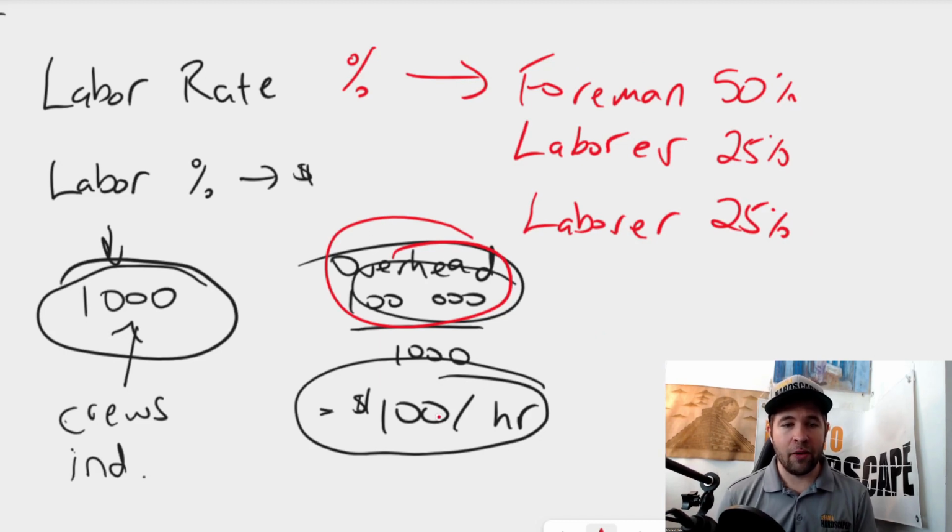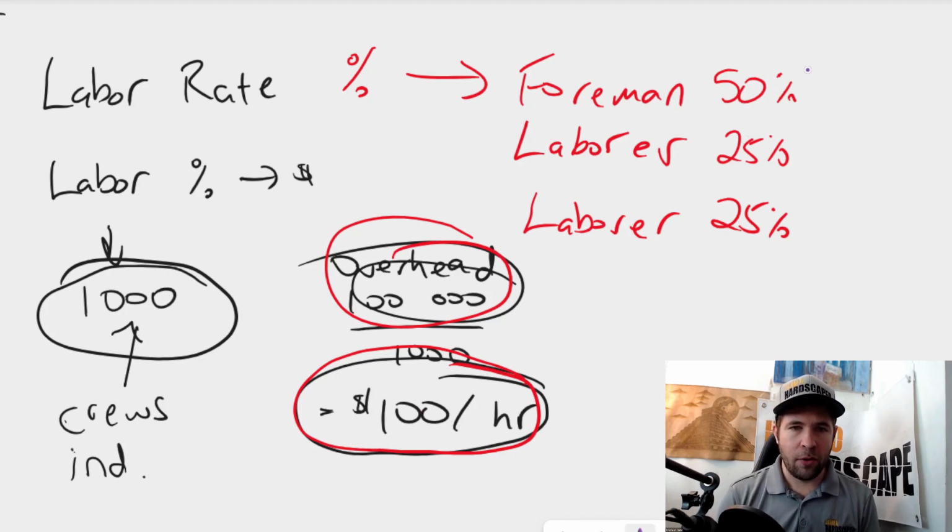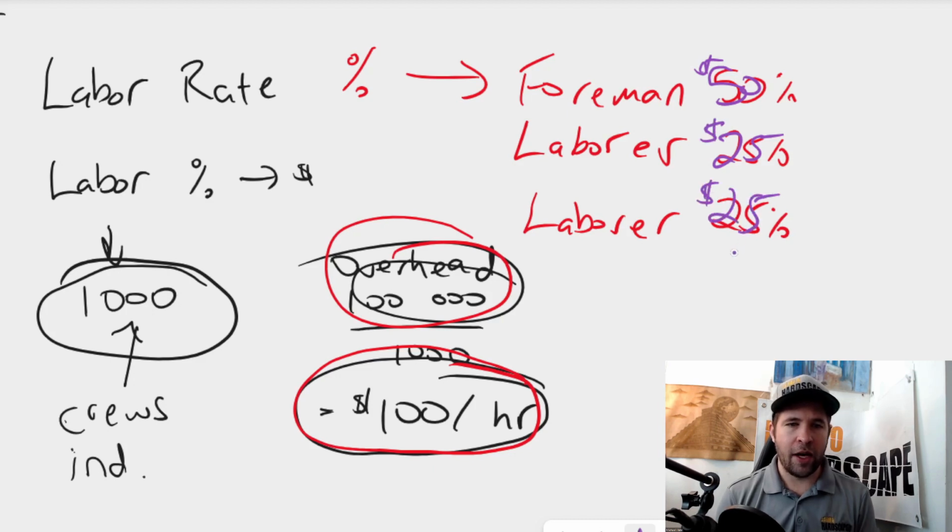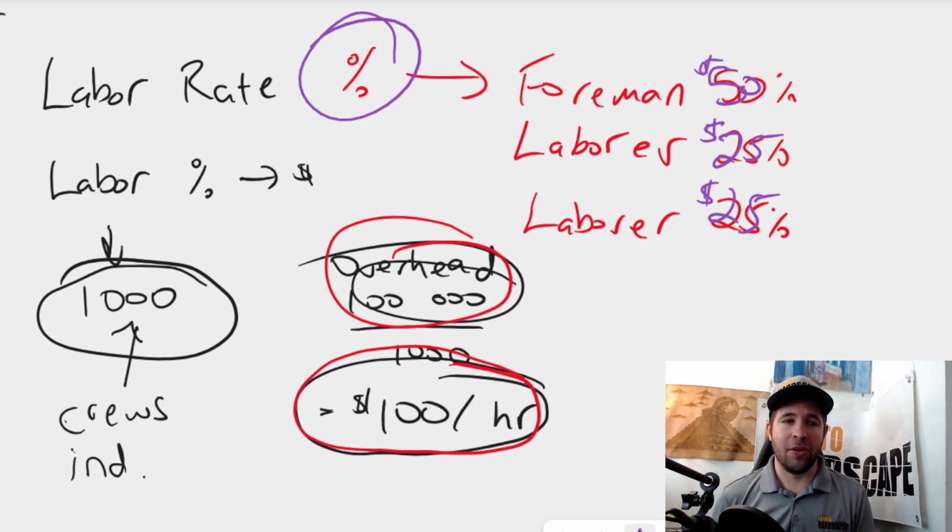So to break this down, if we have a 1-hour project and we need to cover that $100 for that 1-hour project, our foreman would recover $50 of that. Our laborer would recover $25 of that, and our other laborer would recover $25 of that. And that's how we really like this graduated percentage for labor rate to recover our overhead. It's something that we're working on implementing into our How to Hardscape headquarters software.